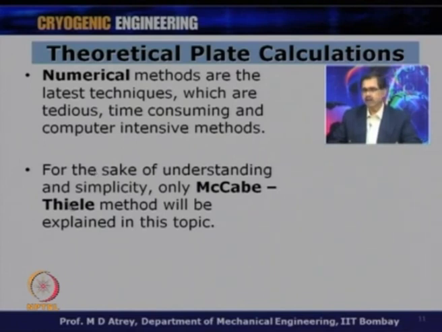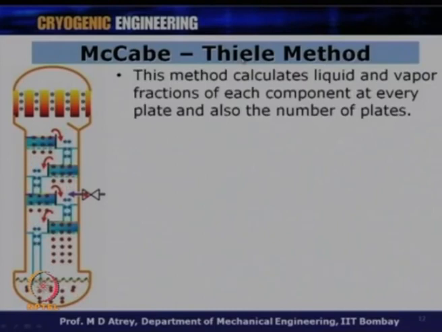Alright. So, of all these 3 techniques, let us go for McCabe-Thiele and understand how we calculate the number of plates that are required to separate a given mixture for a given purity. That means, if the requirement is 98% purity, 95% purity, etc., how do I design a distillation column? So, this is the distillation column, and now let us come to the McCabe-Thiele method.